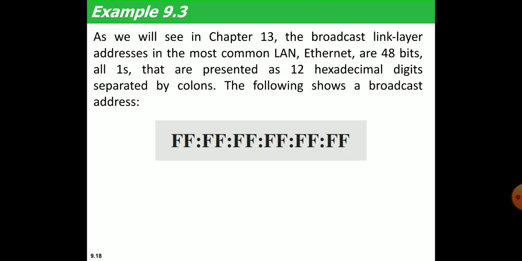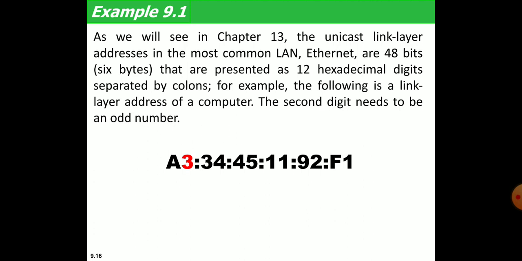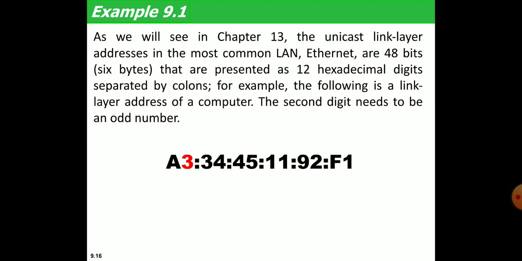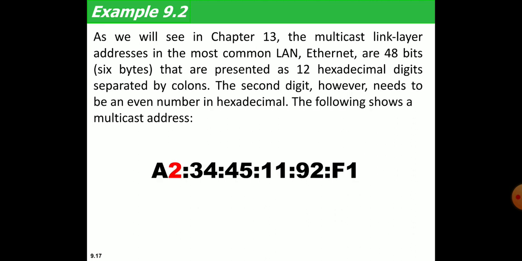So there are 3 types of addresses when it comes to MAC. One is unicast, another one is multicast, and another one is called broadcast. The unicast address, as I told you, has a company-specific prefix, and the suffix is given by the company. In a multicast address, the MSB second digit will be an even number, and again the suffix is given by the company, and it is targeted on a group ID.